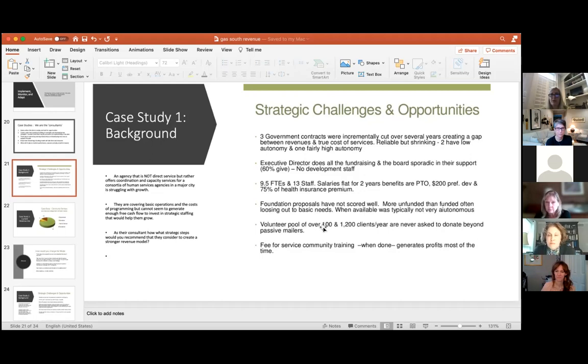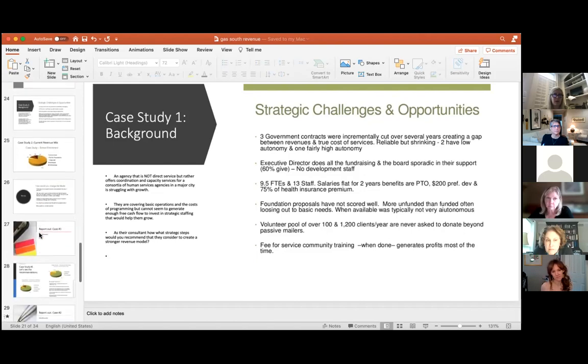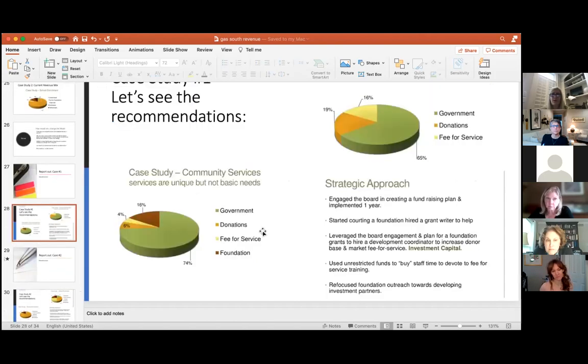And they created staffing and the ability to go after not just small gifts here, but some major gifts. And that translated for them into, they took the capacity they had on the foundation side and really centered it into going after those donations and expanding that pool. And you can see from 6 to 19%.